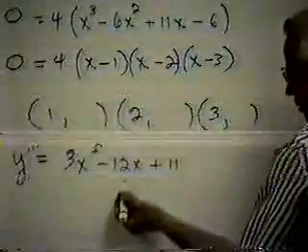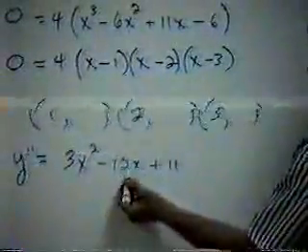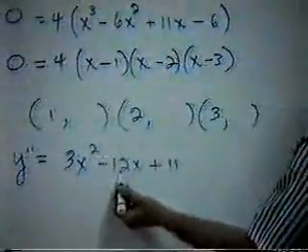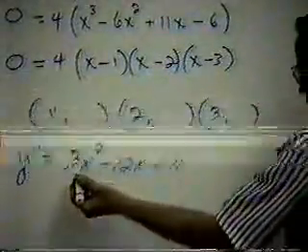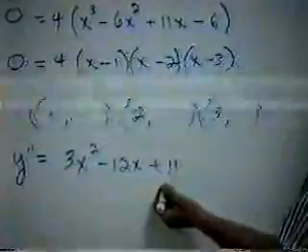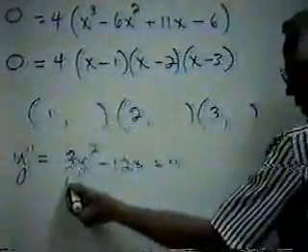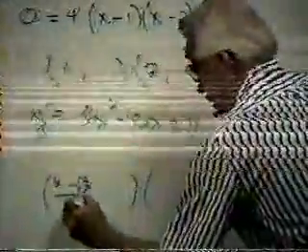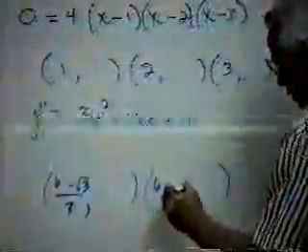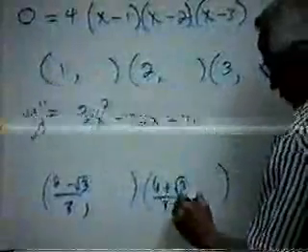So the quadratic formula says x is equal to minus b plus or minus the square root of b squared minus 4 times a times c, all over 2 times a. And so what happens is you get the two answers of 6 plus and minus the square root of 3 over 3, and so you get those 2 points.